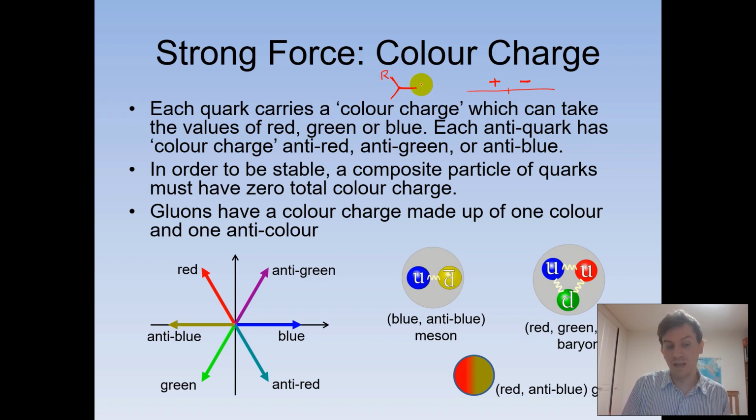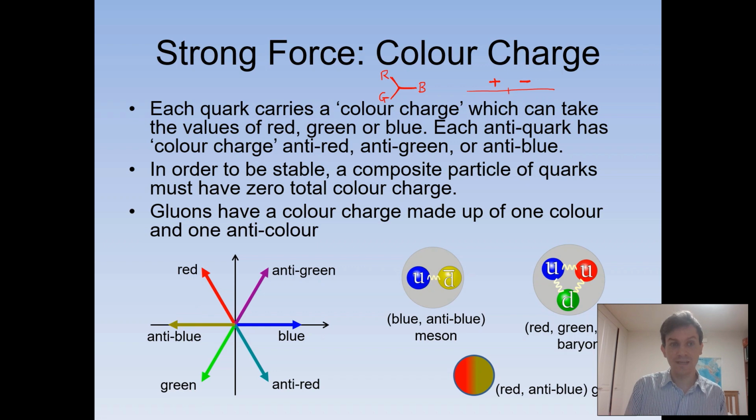So one is called red, one is called green, and one is called blue, like this. Okay, so just like an antiparticle has the opposite charge, the antiparticle will also have the opposite color charge. So they are given by the vectors in the opposite directions here, which are known as the anti-red, anti-green, and anti-blue.